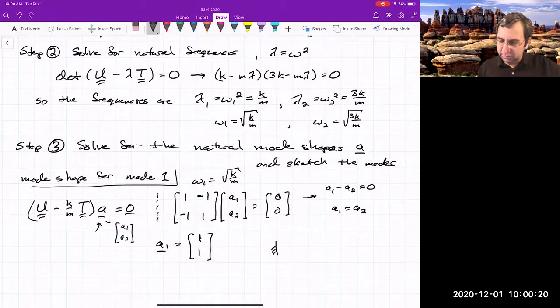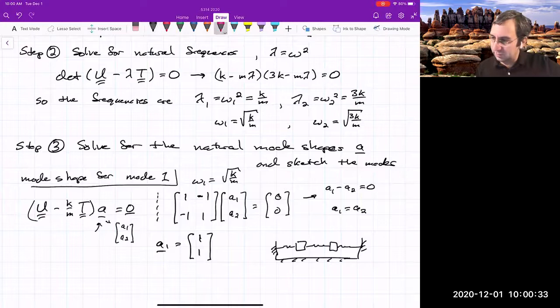If we were to sketch what it looks like, we've got our masses and springs, and these 2 masses will move together and oscillate together. We could call this the in-phase mode, or in sync.